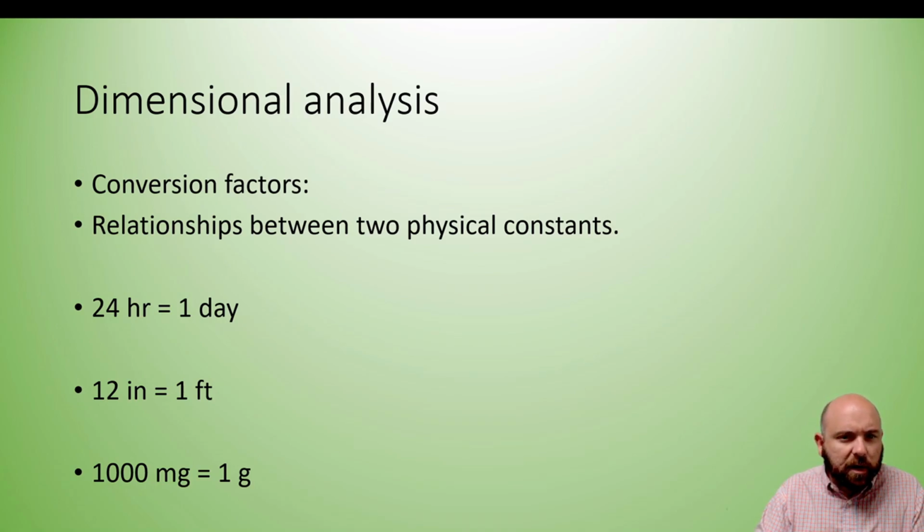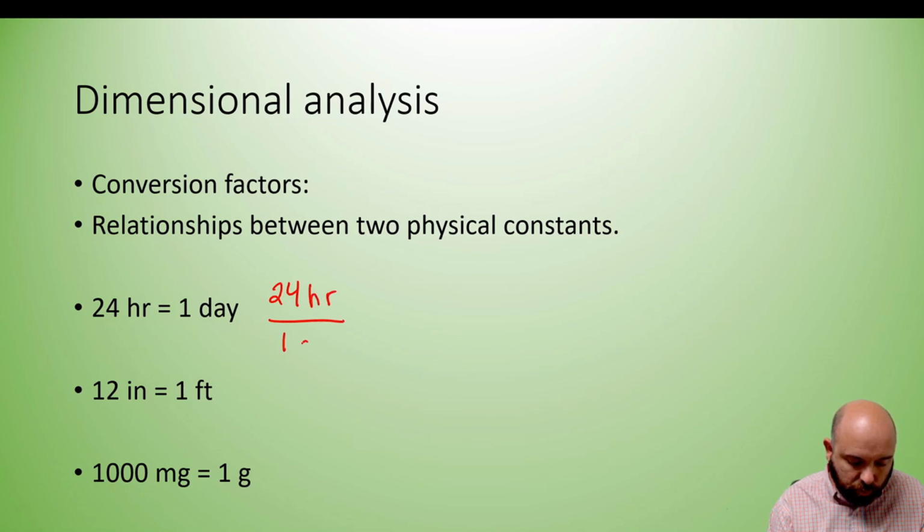When we carry out dimensional analysis in chemistry, we will often be expressing these as mathematical ratios, and you can often see them written in this type of format. If I want to show that 24 hours equals 1 day in mathematical form, I can write it either as 24 hours per 1 day or 1 day per 24 hours.